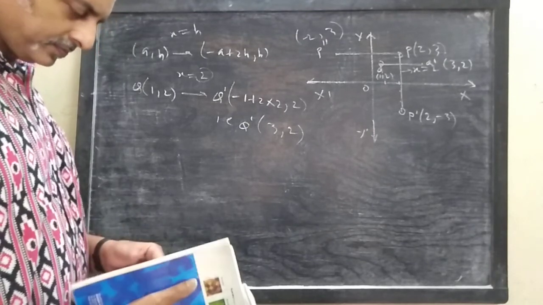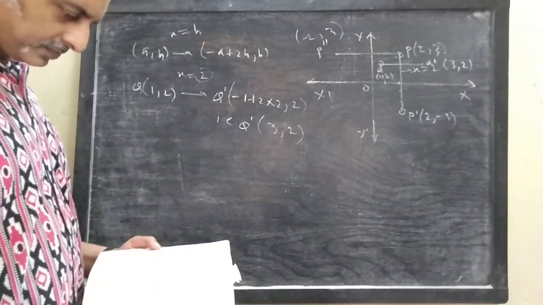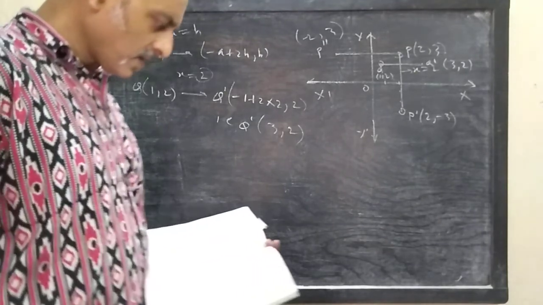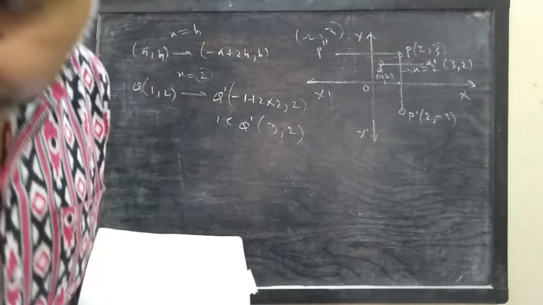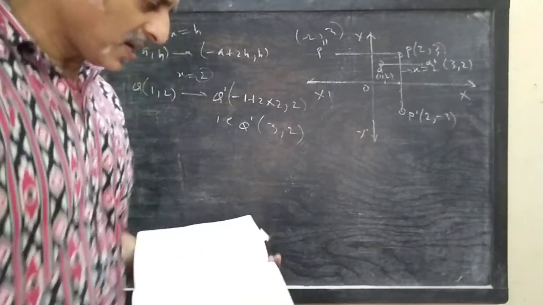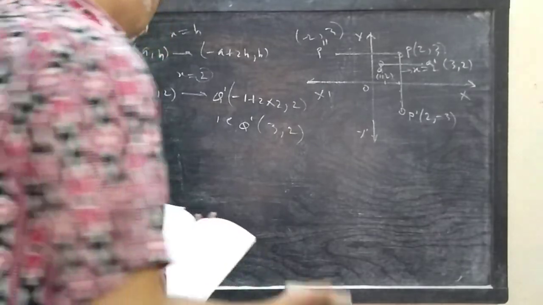Next, let us go to the problem. Plot the points A minus 4 comma 2, B 2 comma 4. Let us plot the points first.